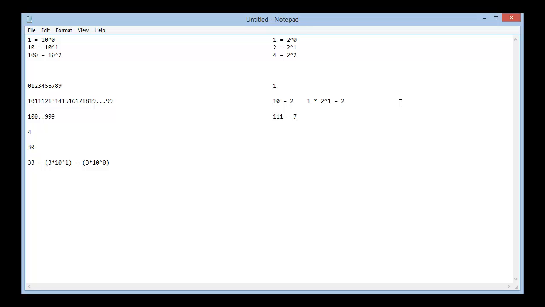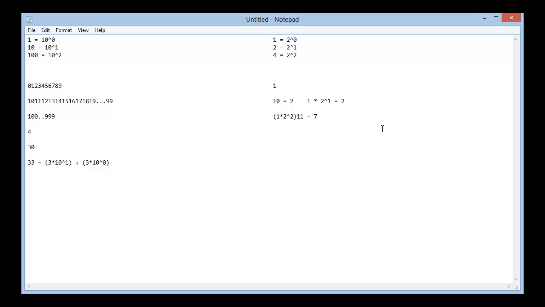How does that equal 7? Let's break it down, alright? So let's go into this number here, and let's break it down. This first one, this is our 2's place. So this is actually 1 times 4. Actually, I shouldn't write 4. I should write 1 times 2 to the second.